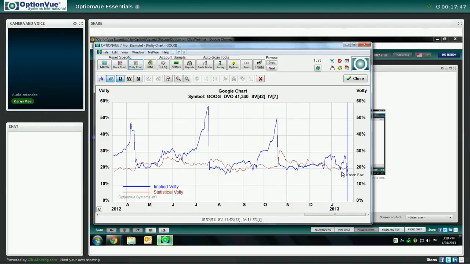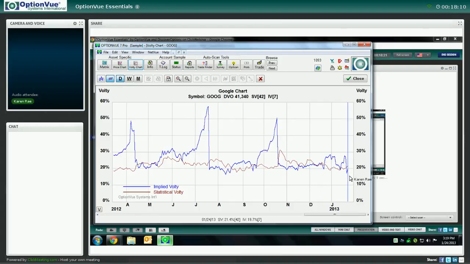The implied volatility is 19.7. The implied volatility is the blue line, and the statistical volatility is the brownish red line. We can also see what the 42 and 7 represent: percentile rankings.